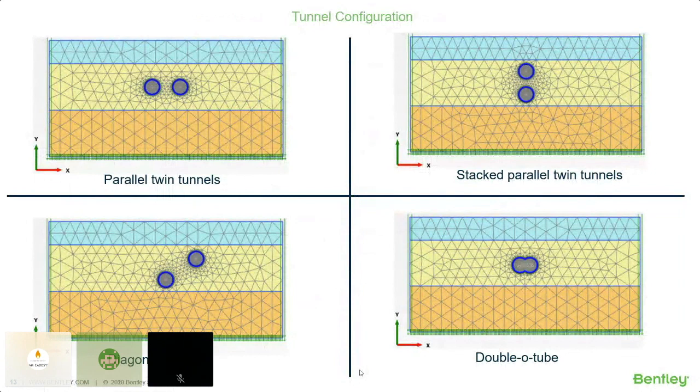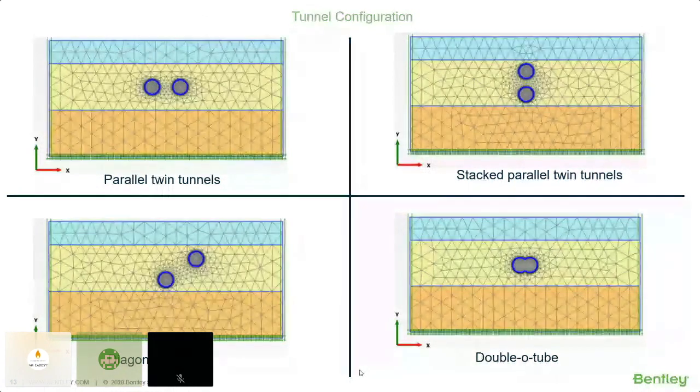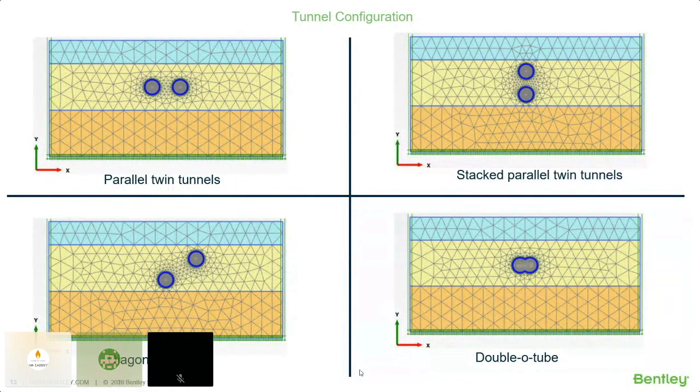Third is the tunnel with the inclined alignment, where we have diagonal tunnels. And the fourth one is a double-O tube multi-phase tunnel, which was mainly developed in Japan for the urban environment. So using the tunnel designer, we can create different tunnel configurations as well.